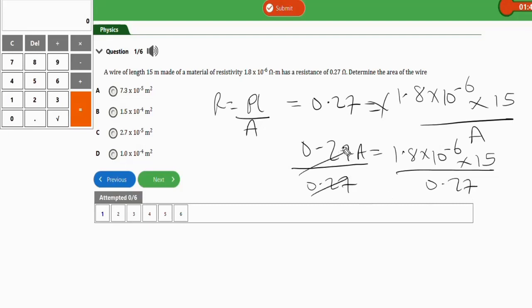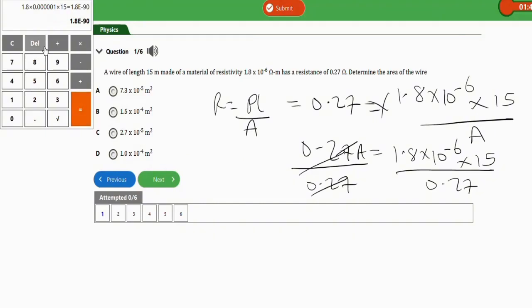So our A will be what? Let's punch in the calculator. We have 1.8 times, now another way we can express 10 to the power negative 6 is 0.000001, times 15.